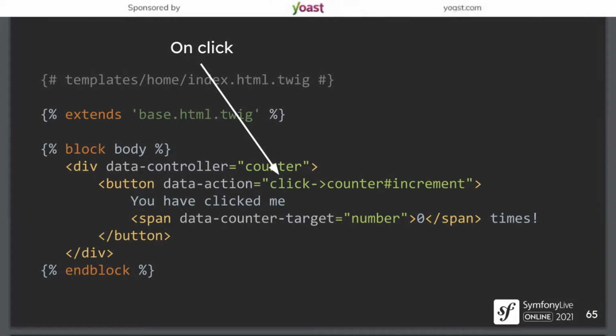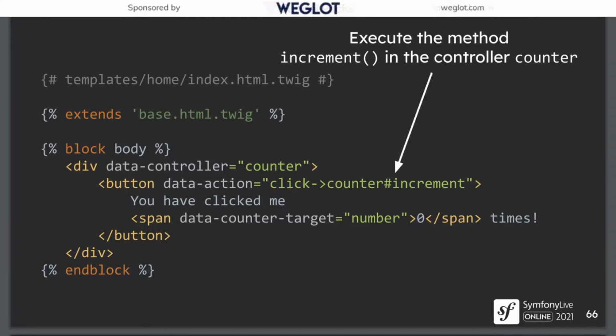The reason why it's interesting is because now that I'm providing the ability to modify which element I want to click on, it means that the HTML has the responsibility to choose what is clickable, meaning it's more generic, because I can then, in another page, have a different way of building this. So in this case, on the click event, I want to call the increment method on the counter controller.